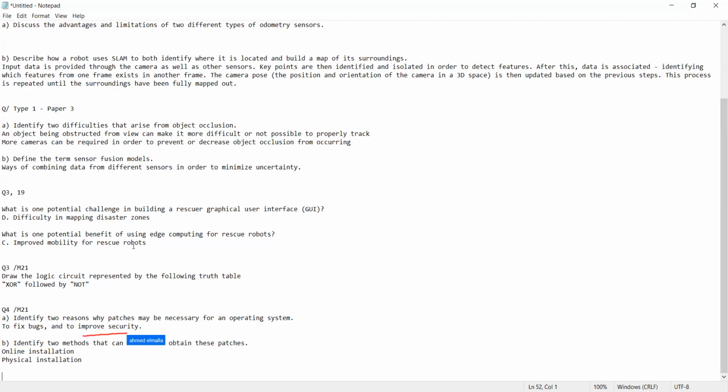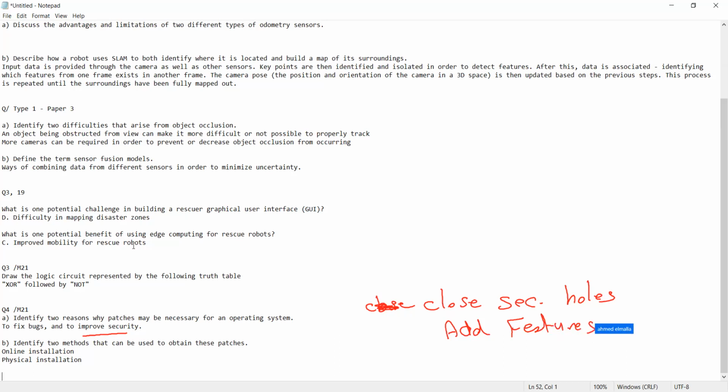They are able to fix bugs, they improve, they close security holes, and also add new features. Okay, and what else? So what other questions do we still have?